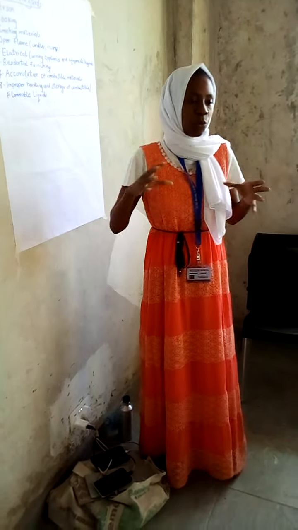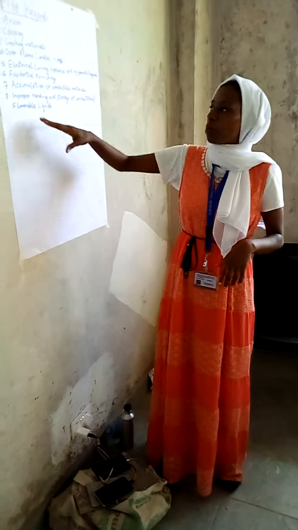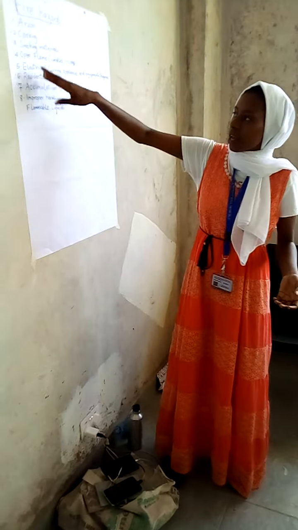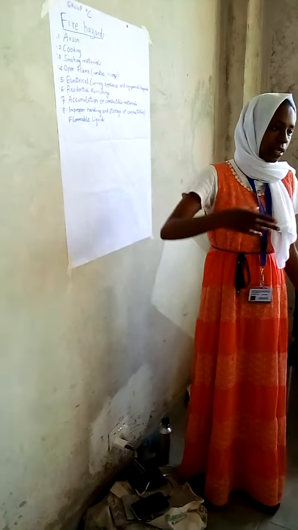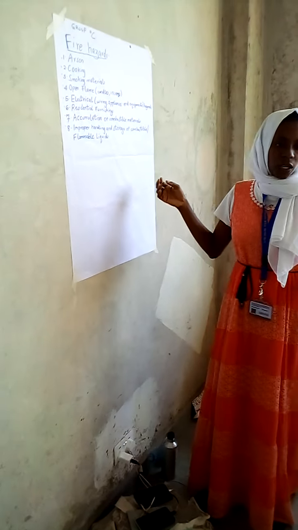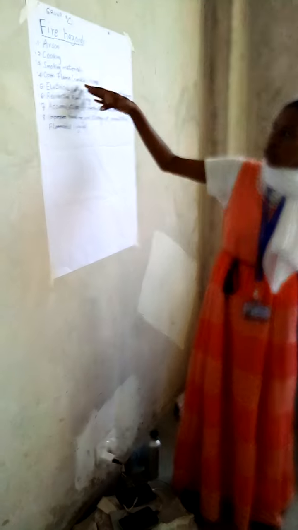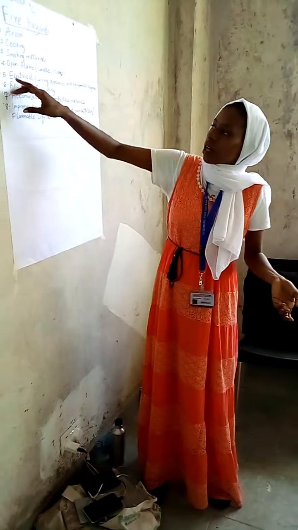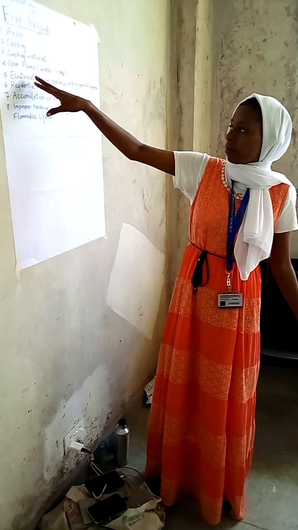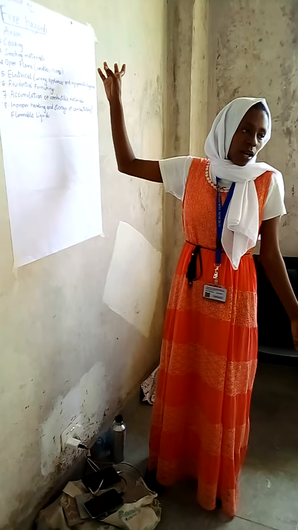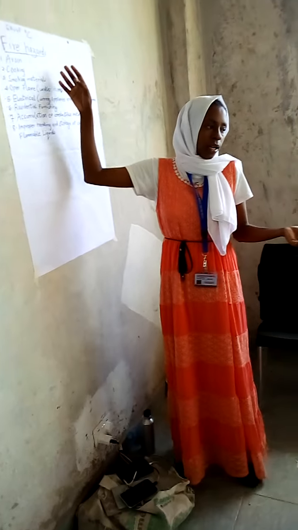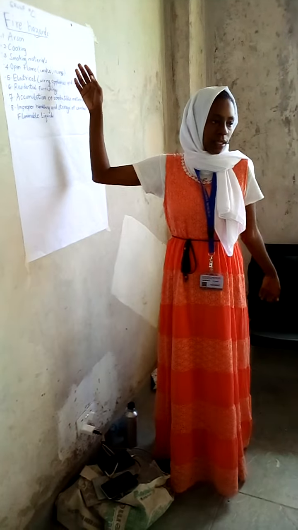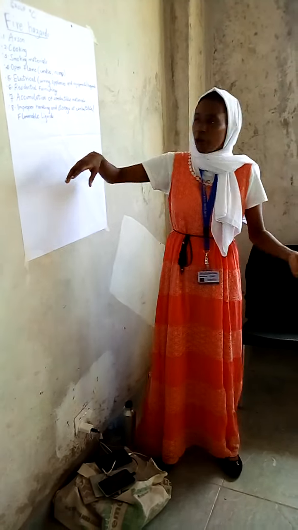In our community we use firewood, so maybe you forget the sticks which are still on fire, and they can cause fire. Then we have smoking materials such as cigarettes. Someone can dispose of the cigarette material carelessly. Then we have open flames like candles.